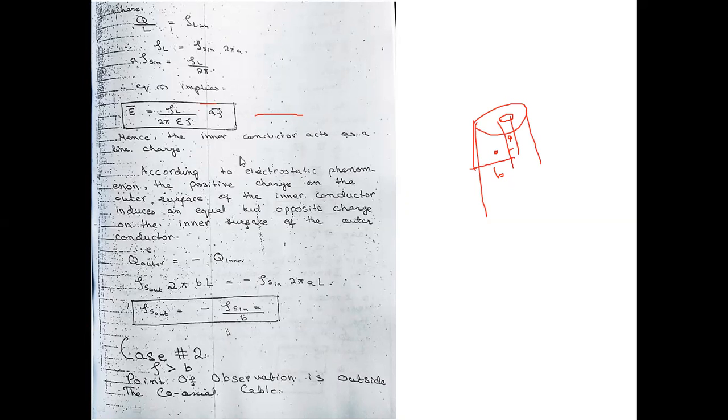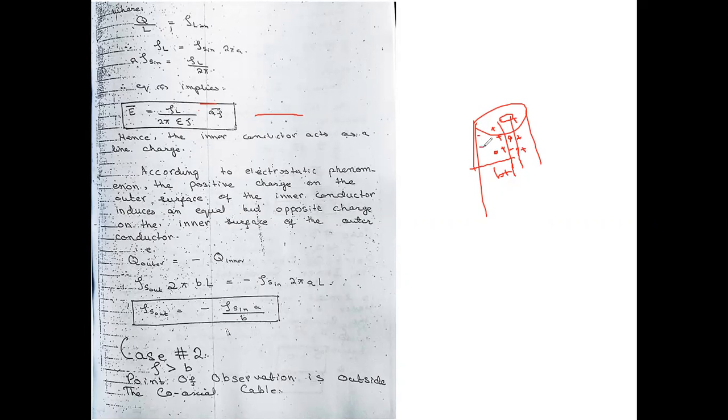Now according to the electrostatic phenomena, the positive charges on the outer surface of the inner conductor induce an equal but opposite charge on the inner surface of the outer conductor. Due to the electrostatic induction, as we have positive charges on the outer surface of the inner conductor, this will induce, just like the phenomena in the capacitor, where one plate is charged by the battery and the other plate gets its charge by the induction process.